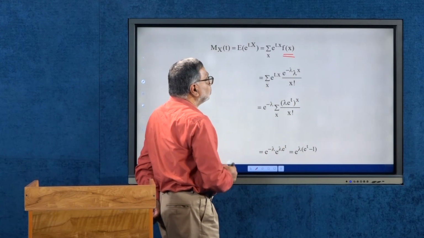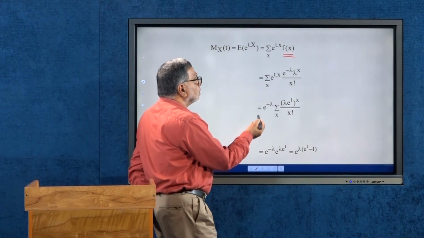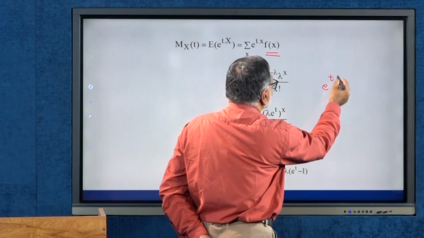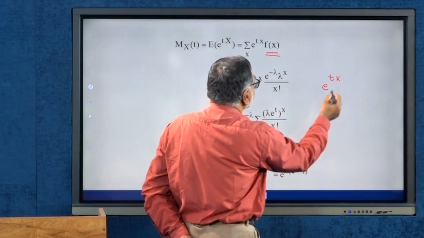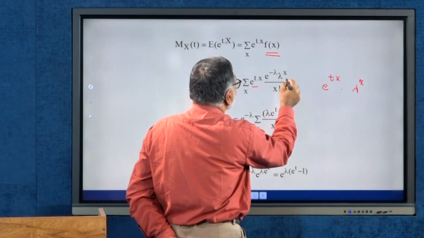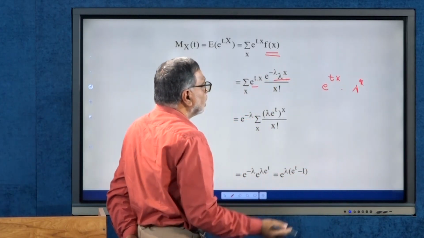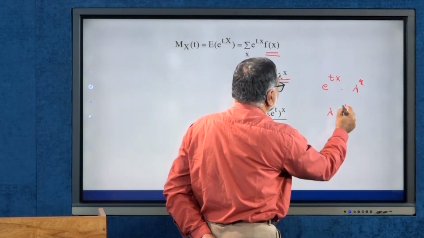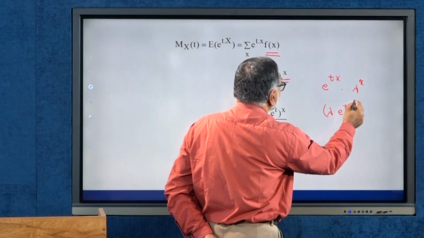And that is equal to, again, we have e power t x and lambda power x, these two values you have, and combining them you can write this as (lambda e power t) all power x.